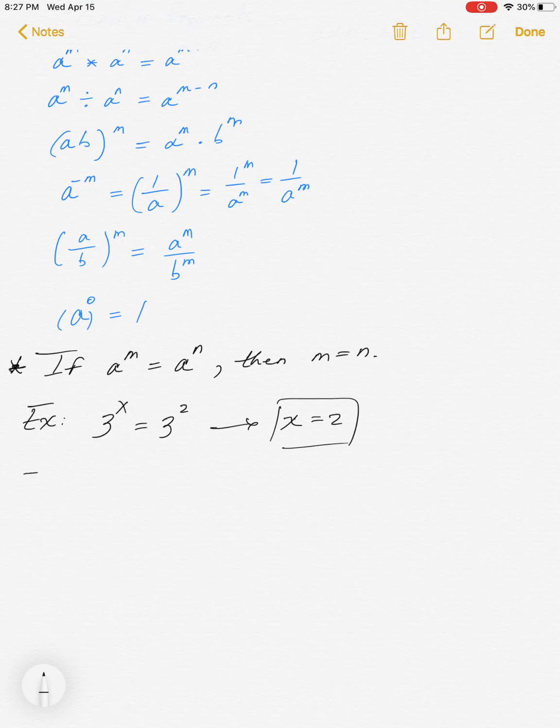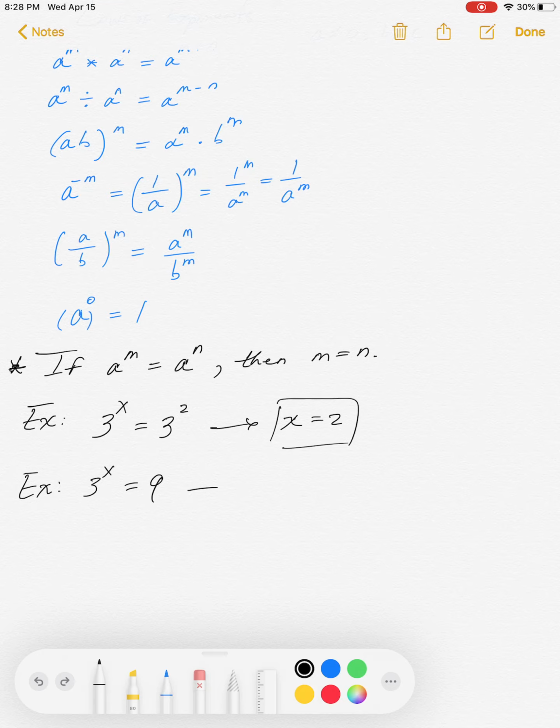Alright, we'll do the same problem, I'm just going to change it up a little taste. 3 to the x equals 9. Now, are your bases the same? No. But can you rewrite one of those bases to look like the other? 9 can be rewritten with base 3.